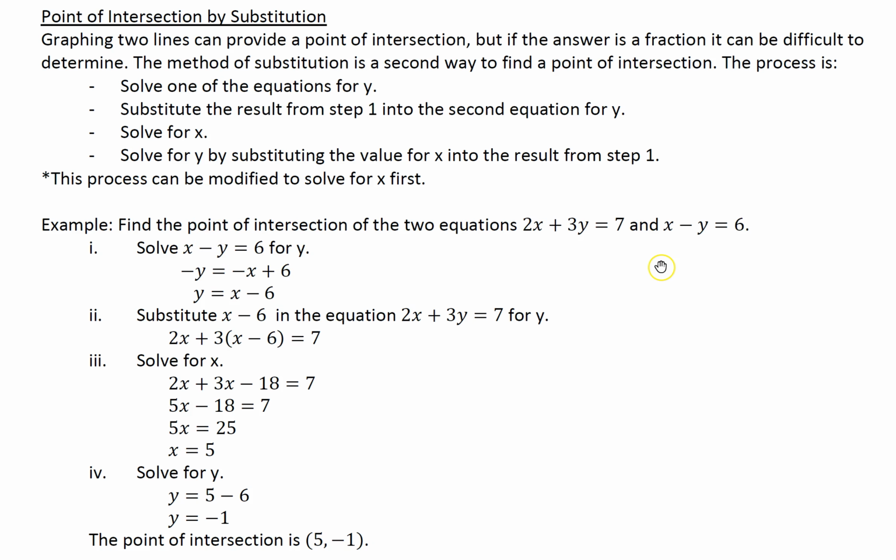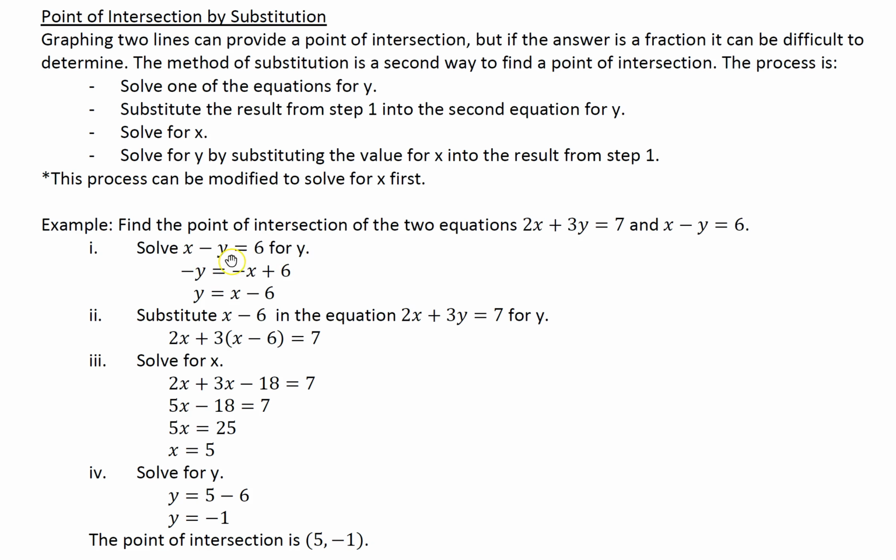Okay, so the example that I have is two equations, 2x plus 3y equals 7 and x minus y equals 6. So two equations, and it's my choice for which of these equations I'm going to take and solve for y. You can see from my work in step 1 that I chose the second equation.